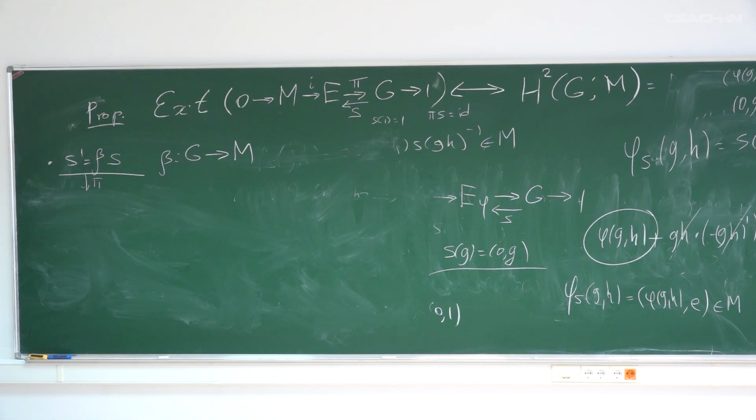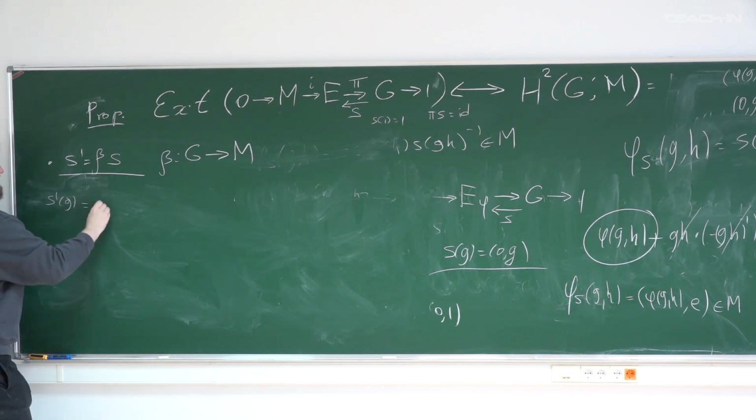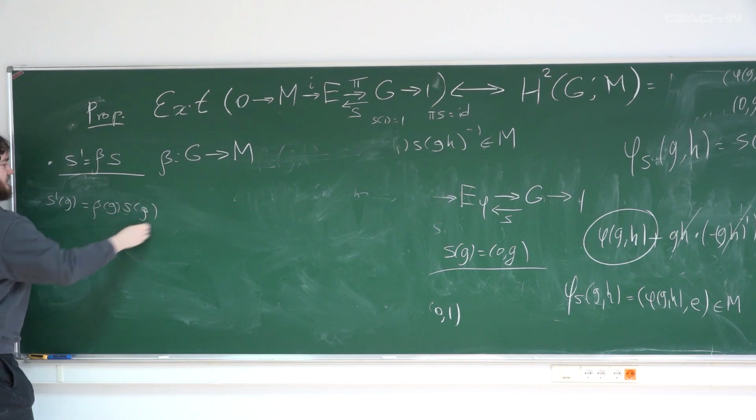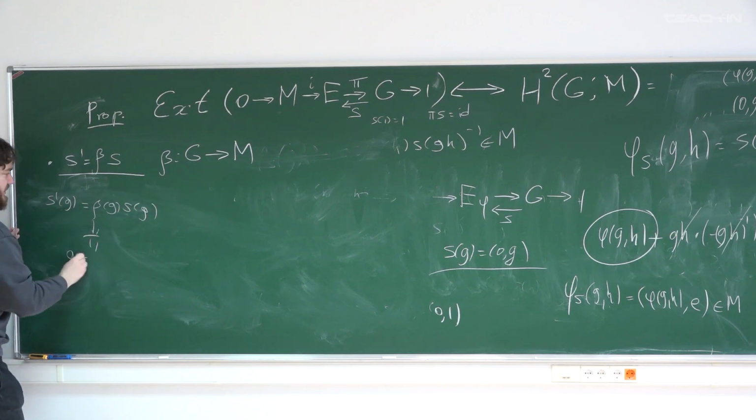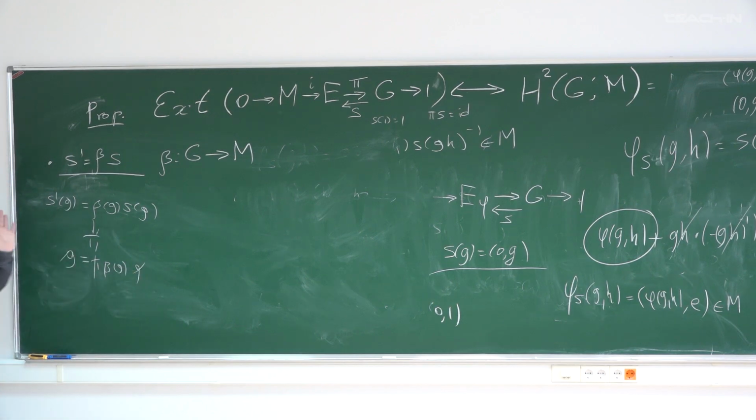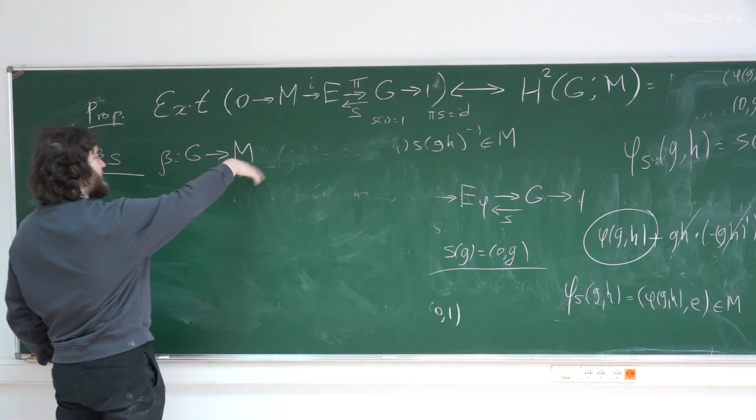So beta sends elements to M. If I apply pi to G, I obtain G, pi beta G, G. So pi beta G is unit, okay? So in fact, by identification, it takes values in M.